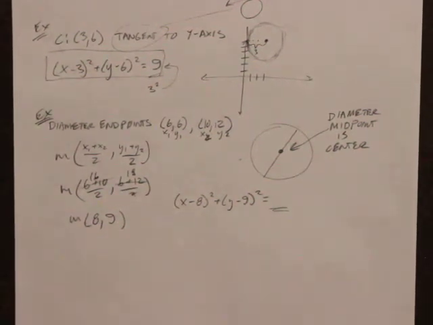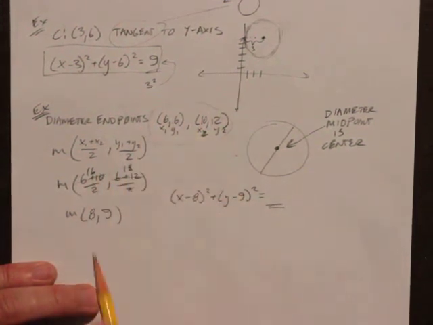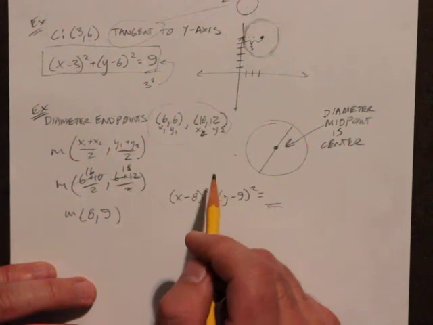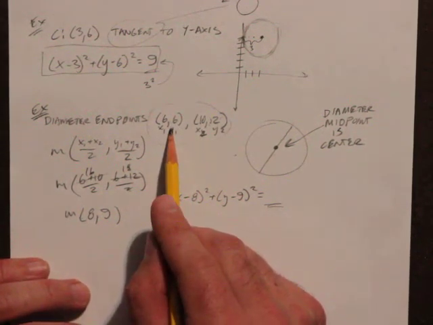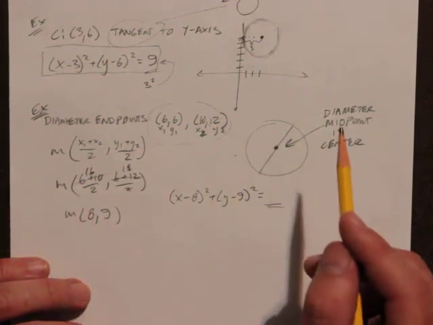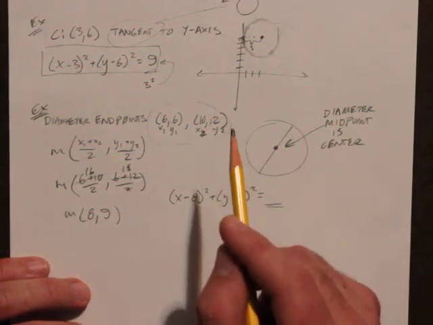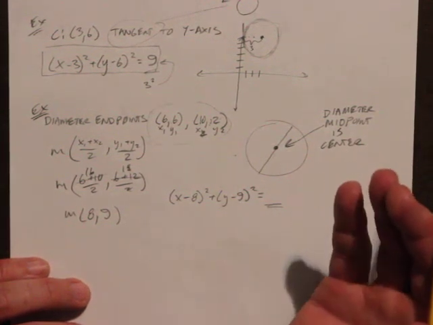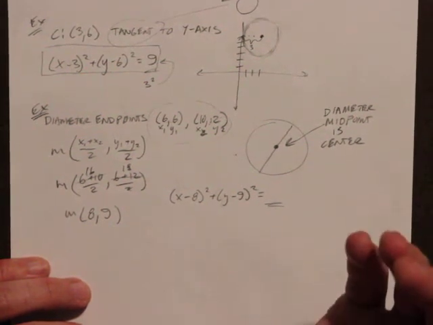This is going to be kind of a bummer, but this is how we do it. We take these 2 points. From this point to this point is my diameter, right? That is the distance from one side of the circle to the other side. If I cut the diameter in half, then I have my radius. So you may have heard in what I just said the word distance.